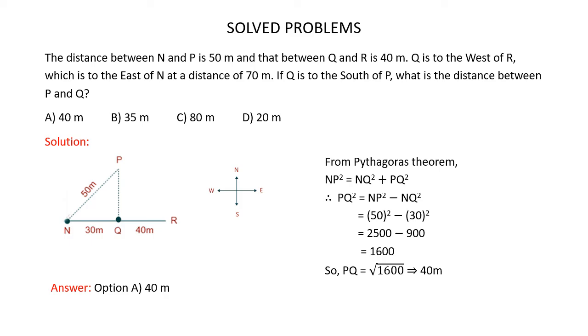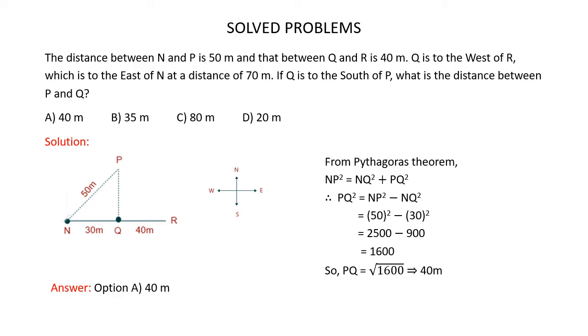So to solve this problem, first let's draw a diagram for the information given in the question. Now it's given that Q is to the west of R. So if this is point R, then Q is to the west of R and Q is at this point. It's given that the distance between Q and R is 40 meters. So this distance is 40 meters.